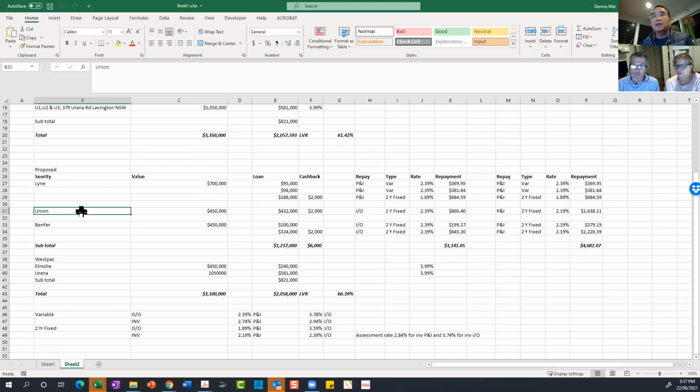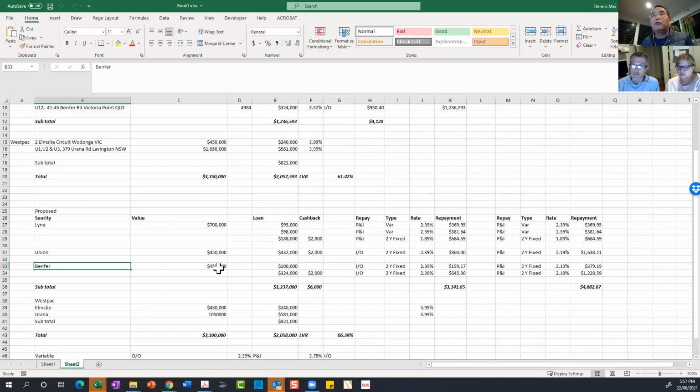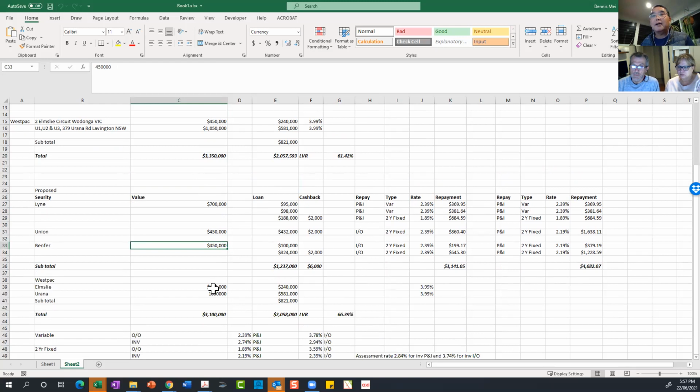Union Road is 450, and Bamford Street is 450. Plus the 2 existing properties with Westpac, the total value is 3.1 million. The total loan amount still remains the same, 2,058,000.